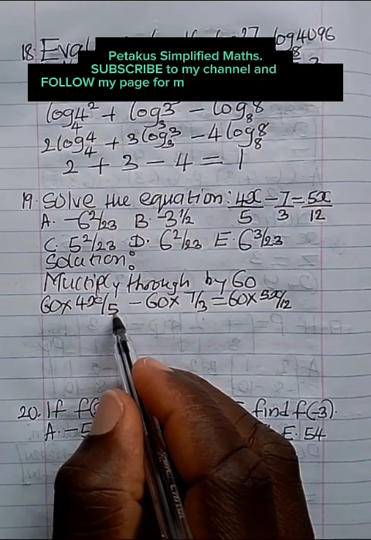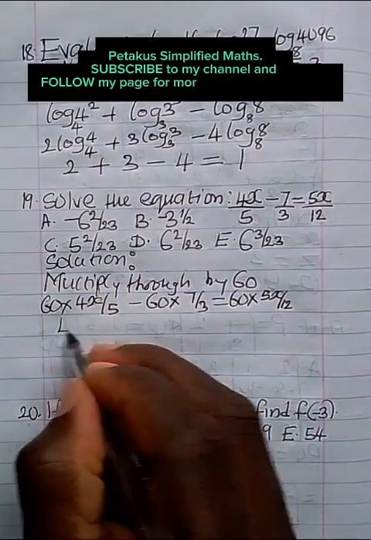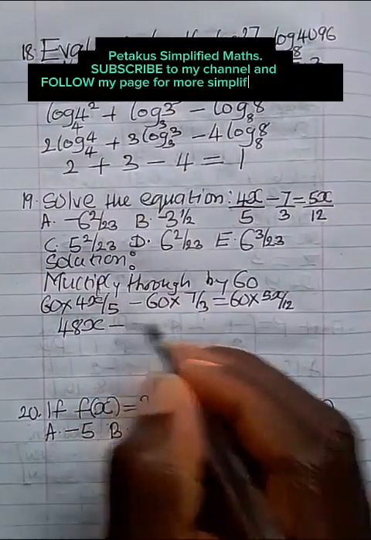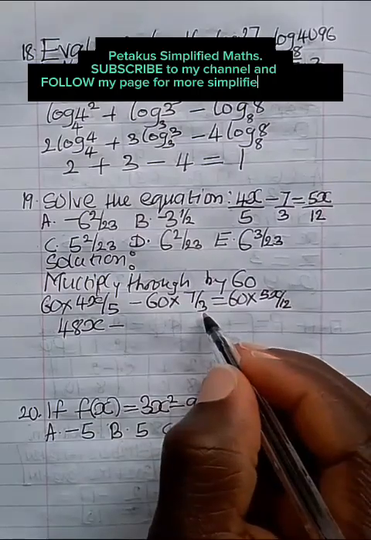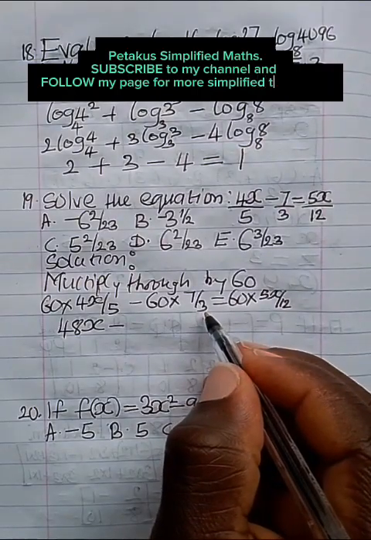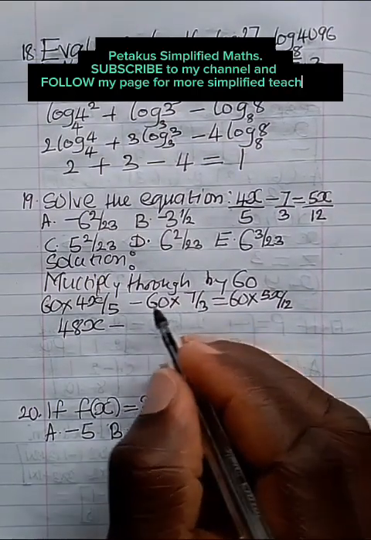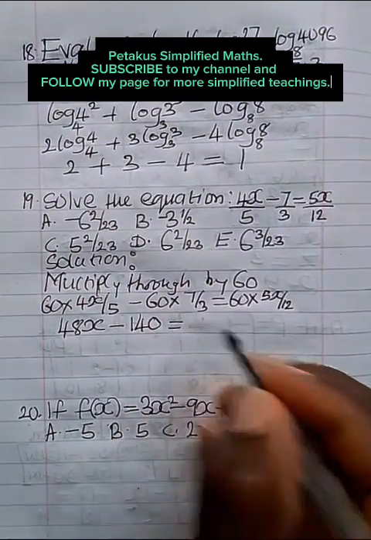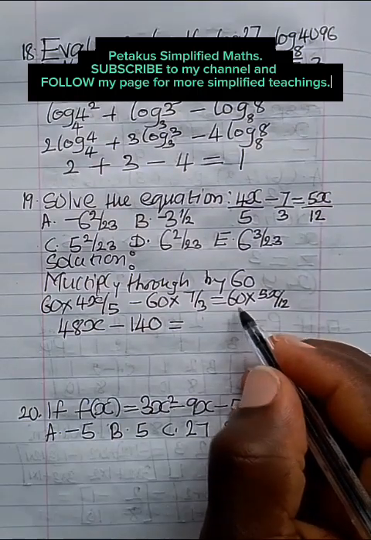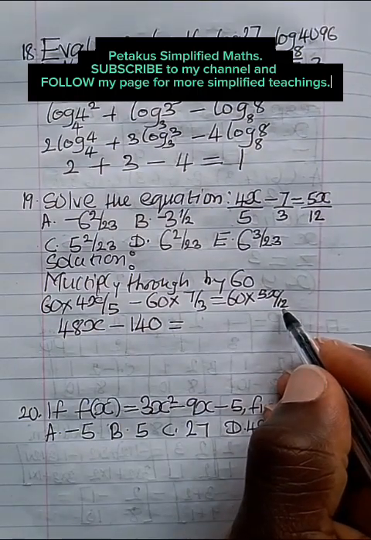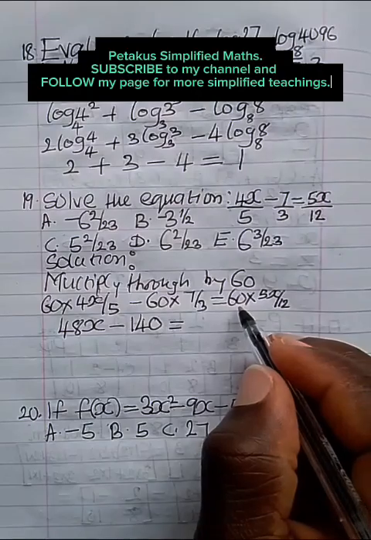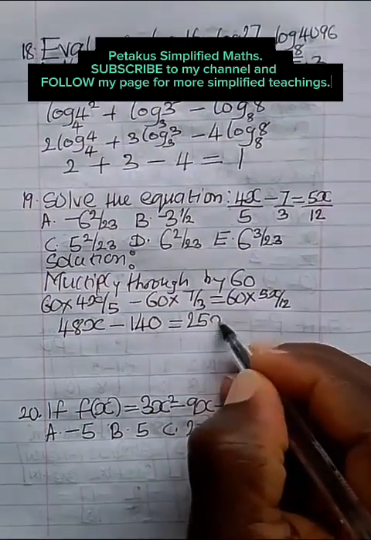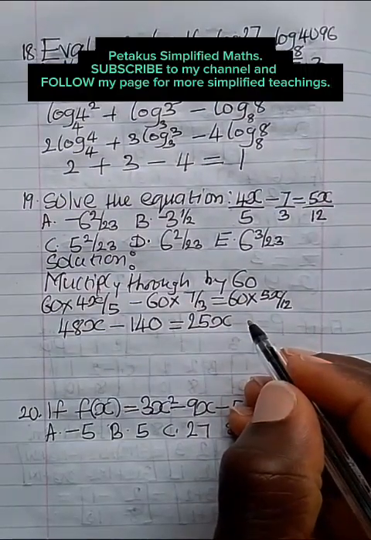Divide 60 by 5, you have 12 times 4s, that is 48s, minus 60 divided by 3 is 20 times 7, that is 140, equal to 60 divided by 12 is 5 times 5s, you have 25s.